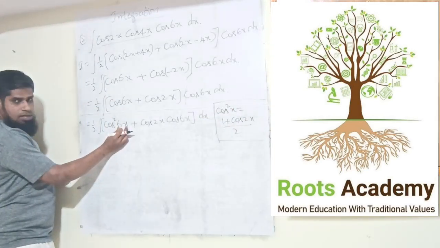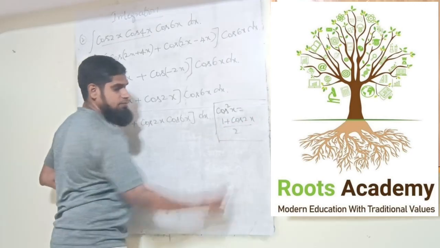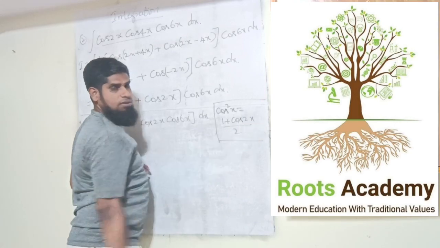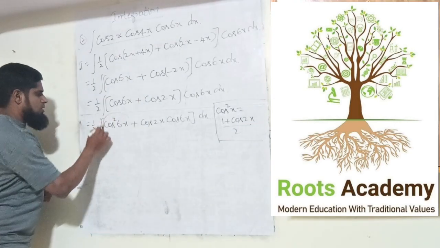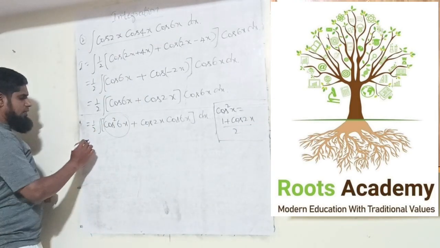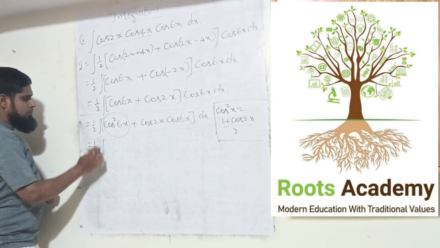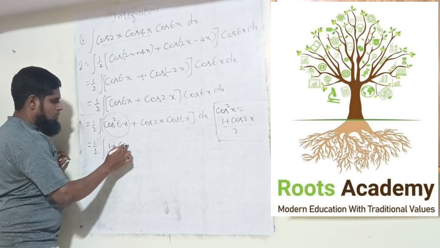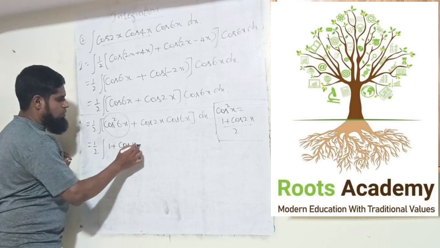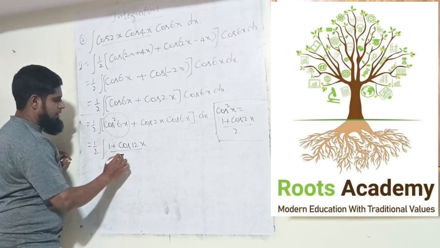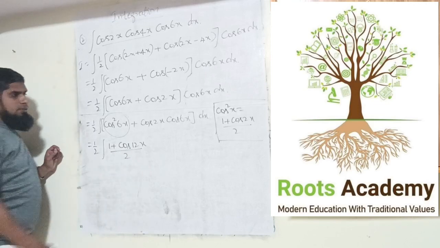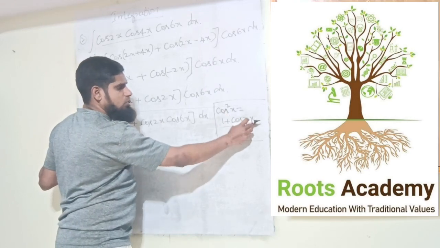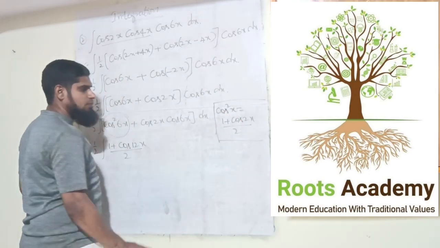We have 6x, so 6 will multiply to this. 6 2s are 12. So this term can be written as 1 by 2 integral of 1 plus cos 12x divided by 2.